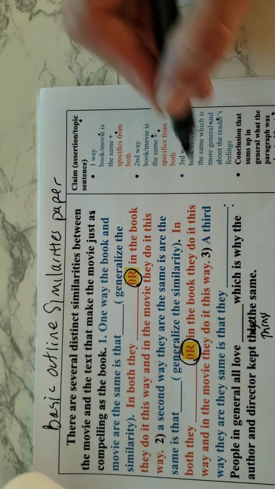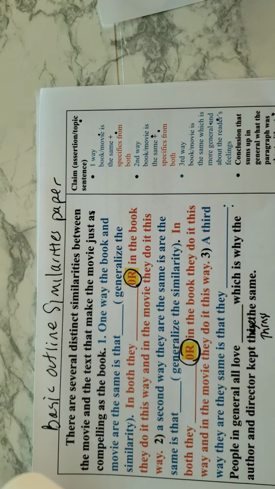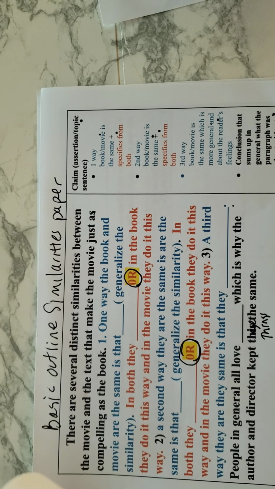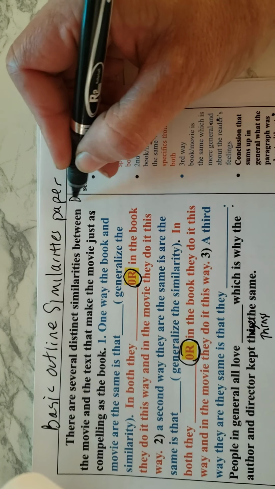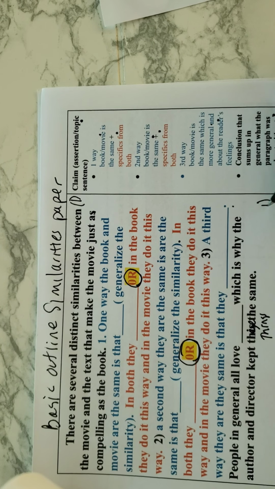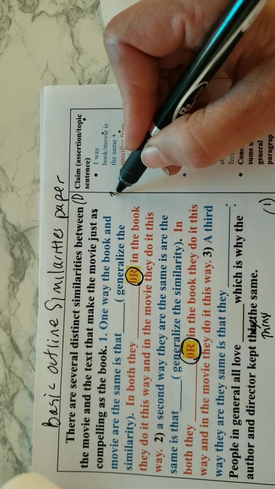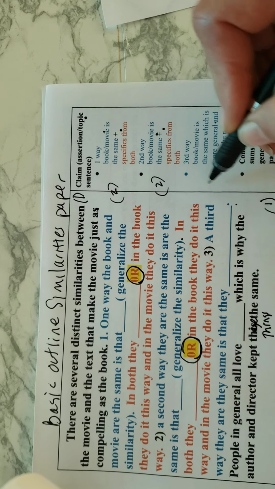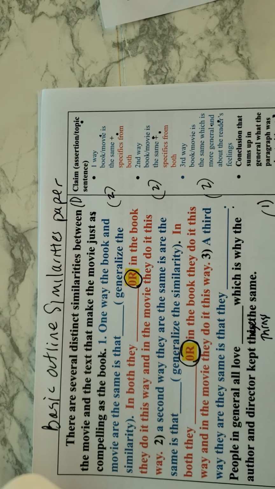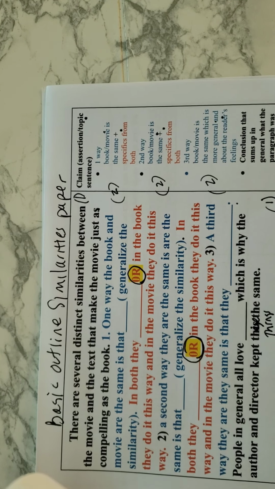This needs to be at least 8 sentences. So this is one sentence, the conclusion's one sentence. Then you'd have 2 sentences here, 2 sentences here, 2 sentences here. All right? Then it might look something like this.